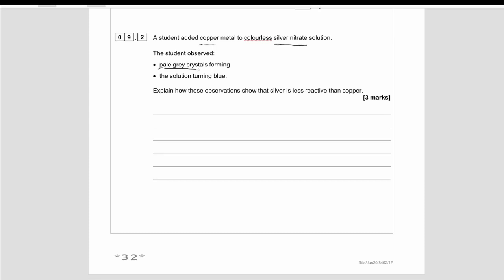We have pale grey crystals forming. Pale grey is another way you describe silver, so we know that silver is forming. Those crystals we see are silver. They're literally the element silver forming. And that blue solution we're seeing is because copper ions are starting to form, so copper is now in the compound.